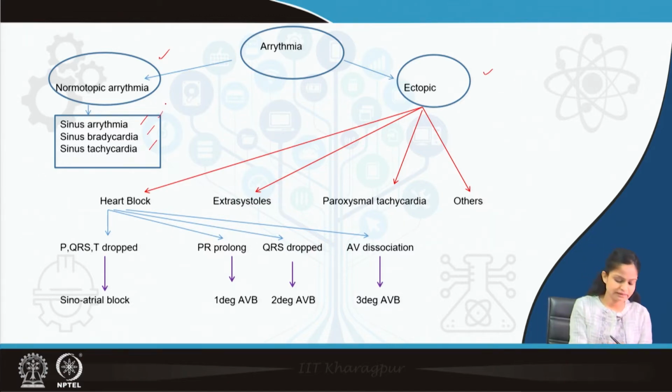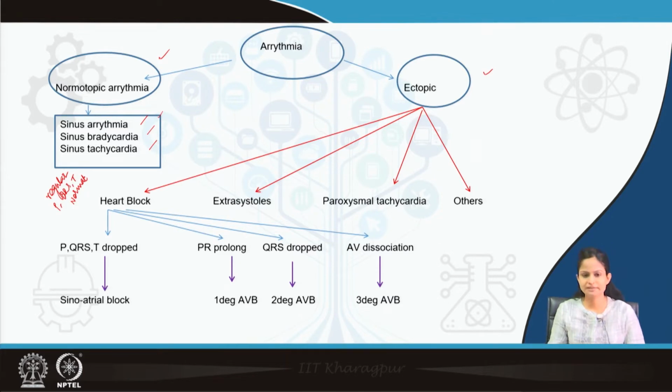But generally the variation in the heart rate is regular in nature, and we have normal PQRST waves. We do not see any abnormality or morphological changes in the PQRST waves. So, regular rhythm and PQRST normal.